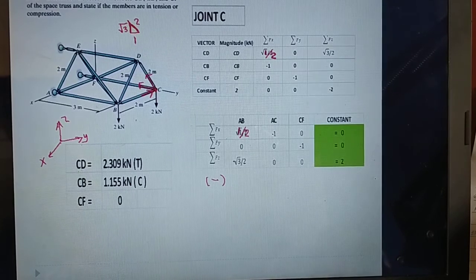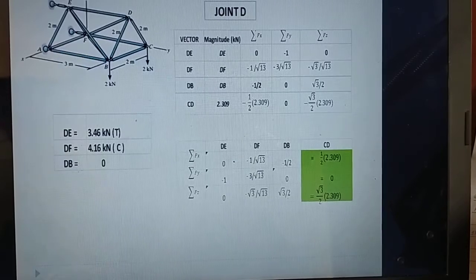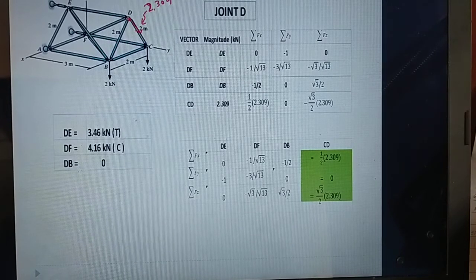So proceed to the other joint. For joint D, the CD is tension, so I put it here, tension. It has the magnitude of 2.309. I assume it as tension.